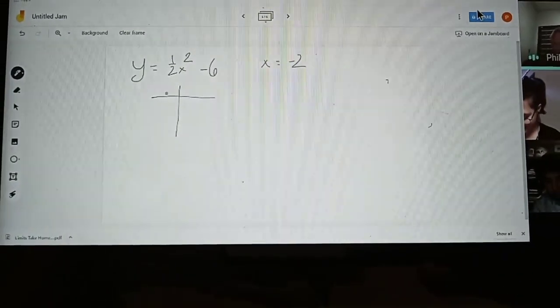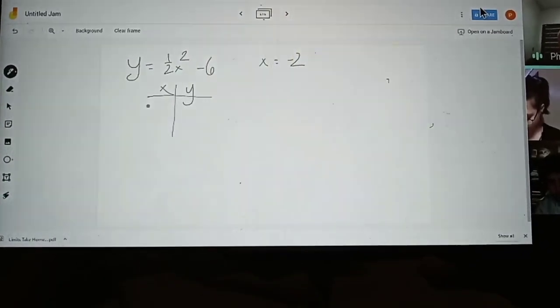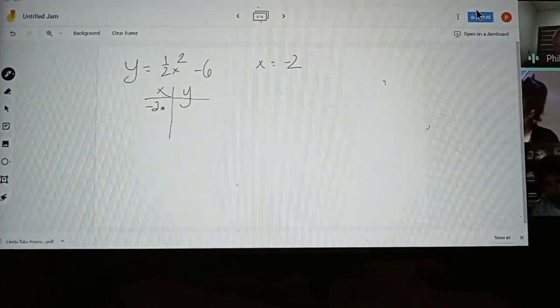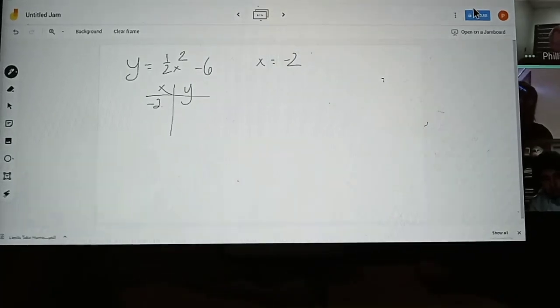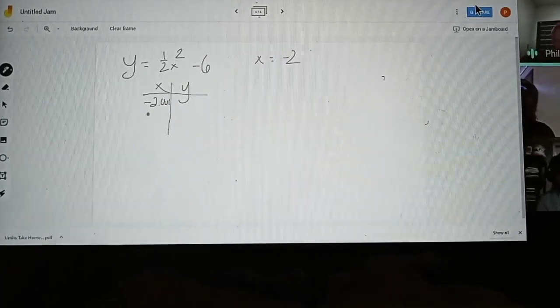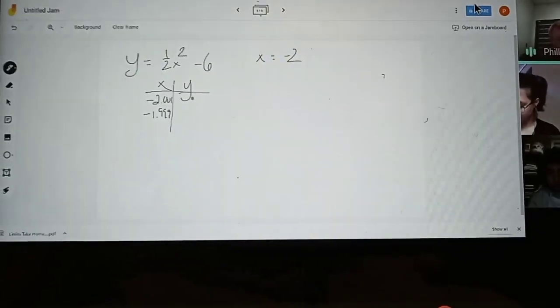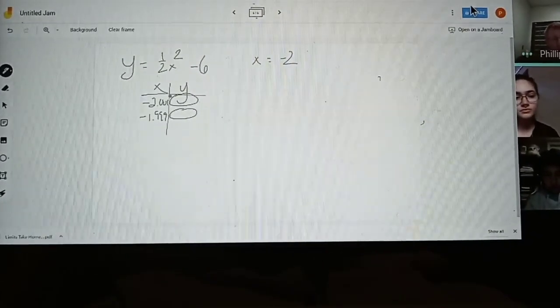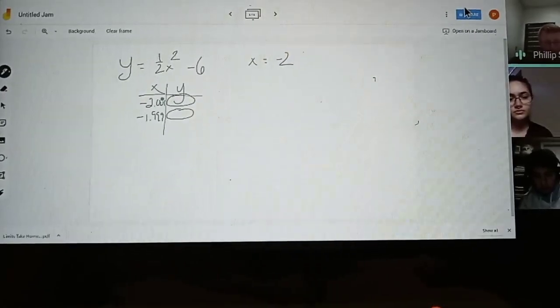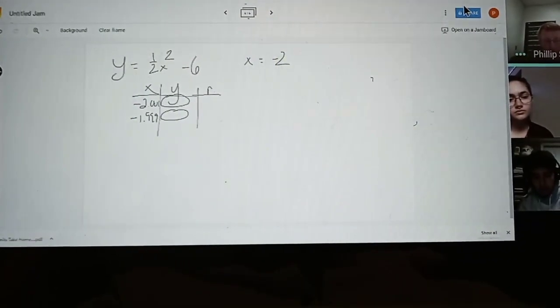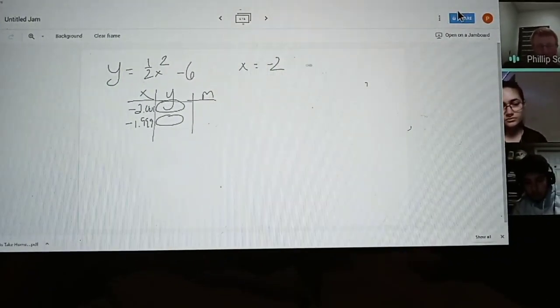I'm going to do x, y, I'm going to do -2.001, and I'm going to do -1.999. Figure out what those two y values are, and then find the slope in between, you know what I'm saying? And then do your m. Find the slope between here and here.